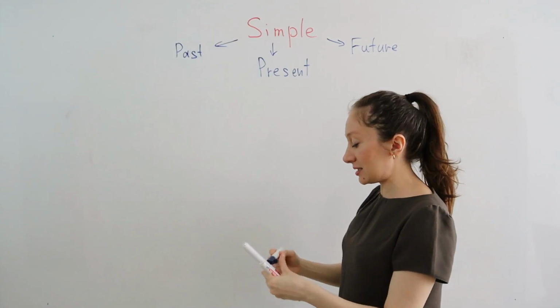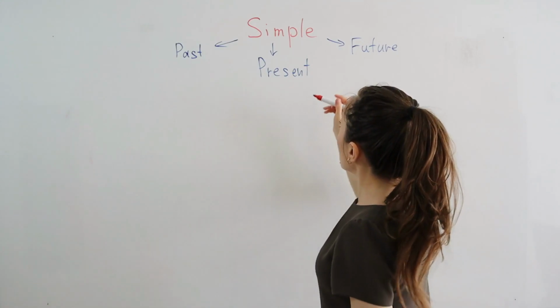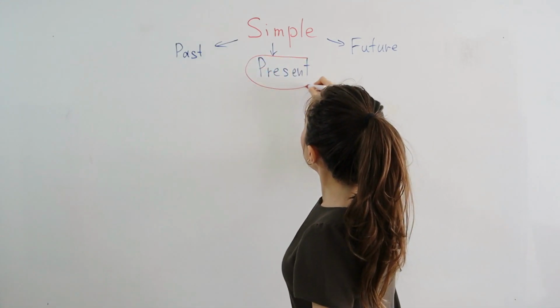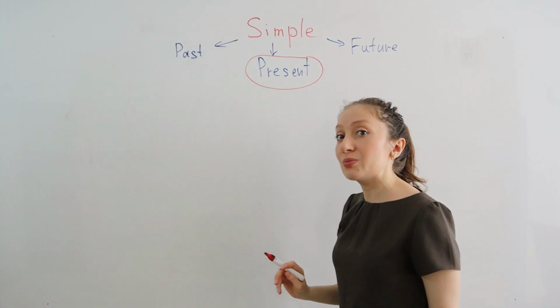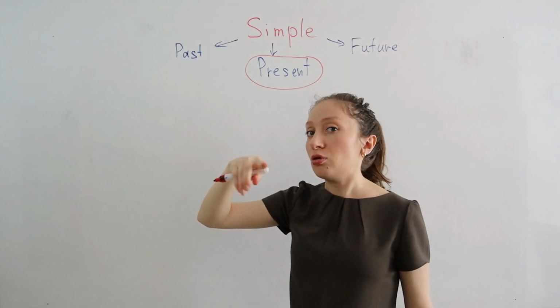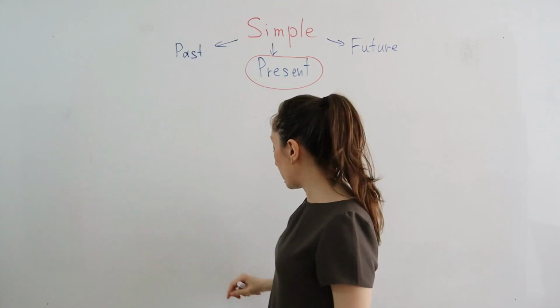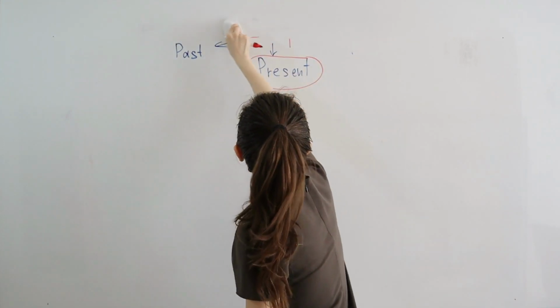And in today's lesson, I will try to explain to you present simple tense. Present simple tense. It means now, not in the past, not in the future, but the present time. So let me write it from the beginning.